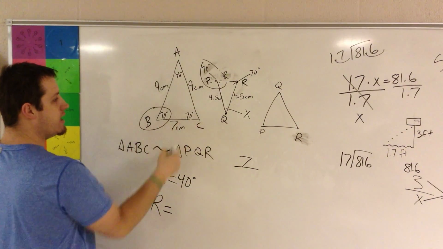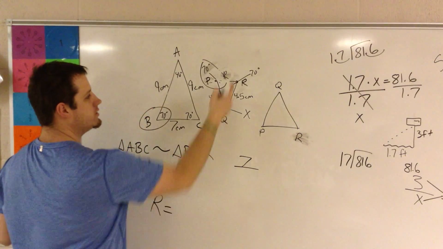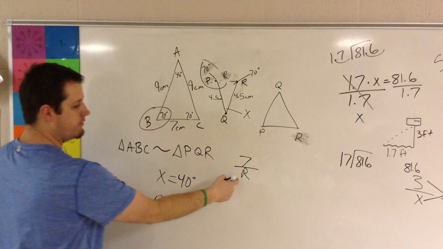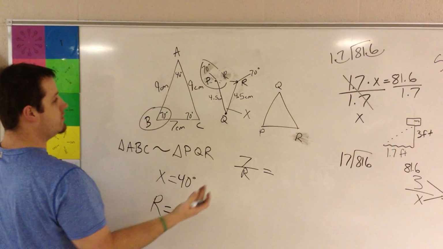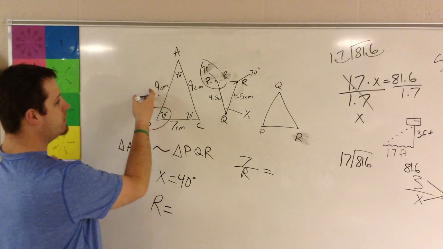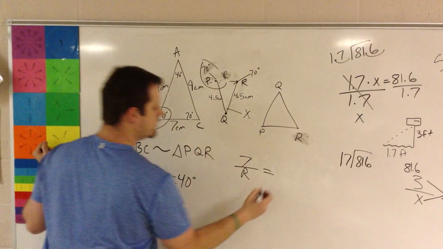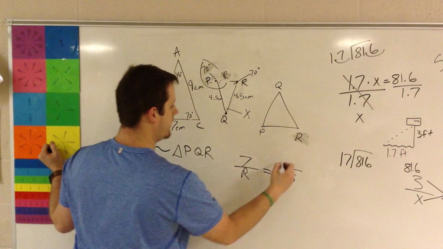What does BC correspond with? PR. That's our variable, yes? So we're solving for that, and we need to have that in there. So equals, and all we need to do is use the other side. So 9, AB, corresponds with QP, so that's 4.5 and 9.